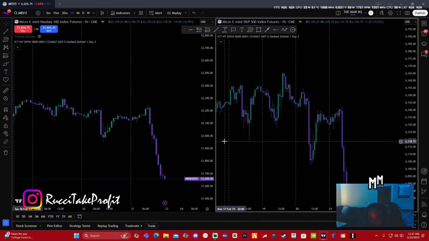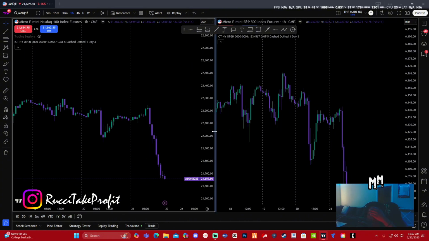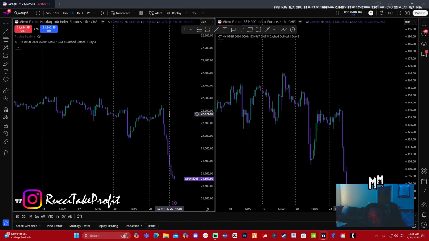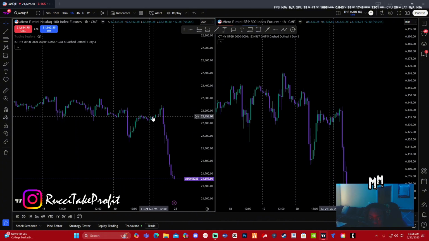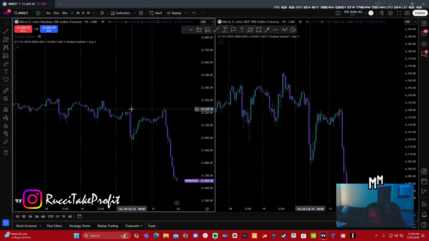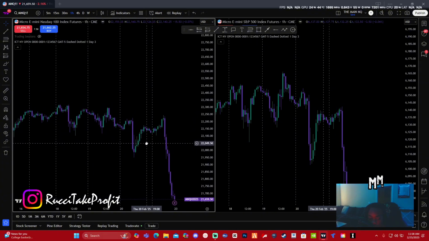Nonetheless, let's get to the main topic at hand here, which is SMT. Like I was saying before, it's a place where price is manipulated on the Nasdaq, but it's not manipulated on the S&P 500, and you can spot the difference for a downward or upward move.